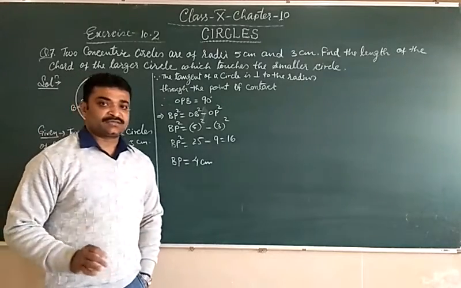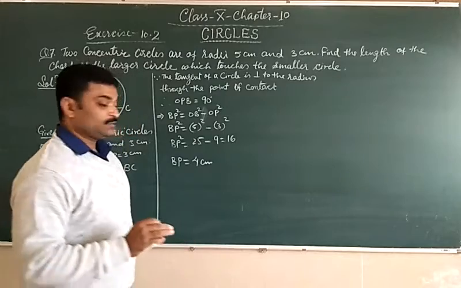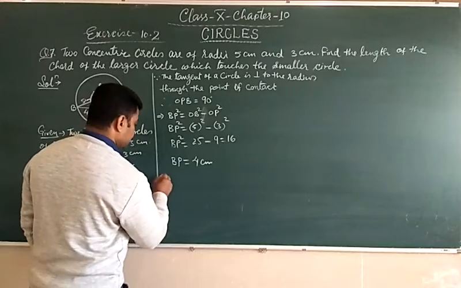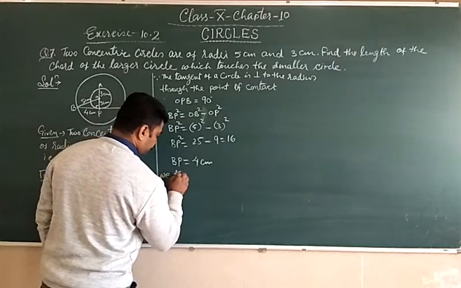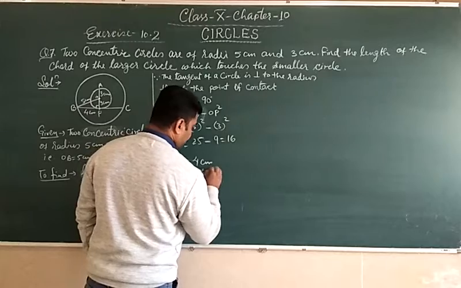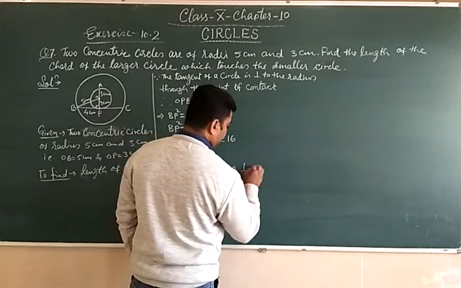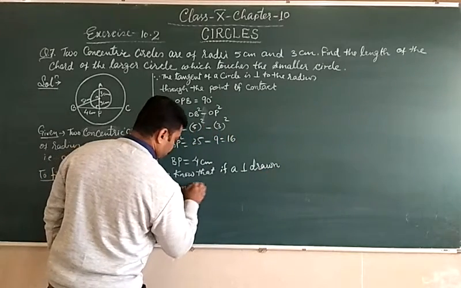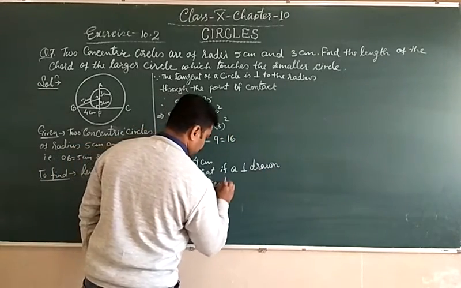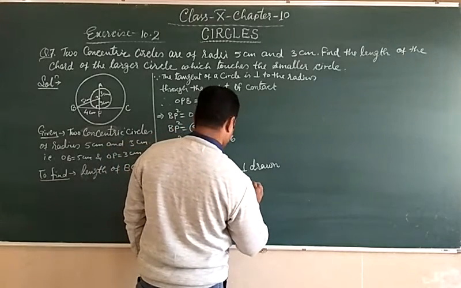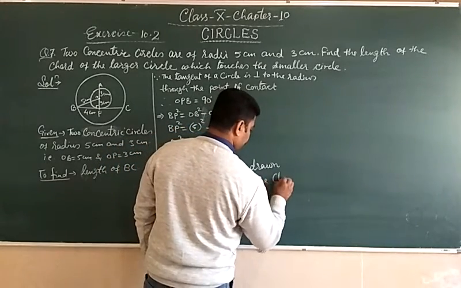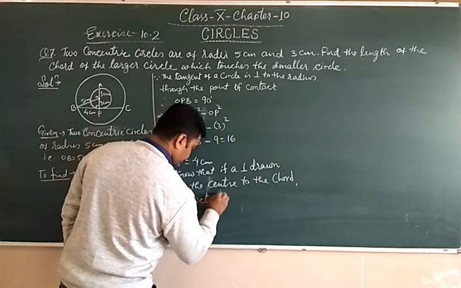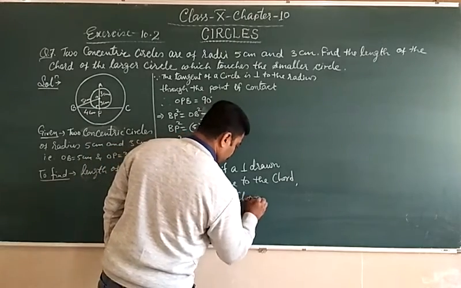Students, in the previous class, we have also learned that a perpendicular drawn from the center to the chord bisects the chord. Since we know that if a perpendicular is drawn from the center to the chord, it bisects the chord.